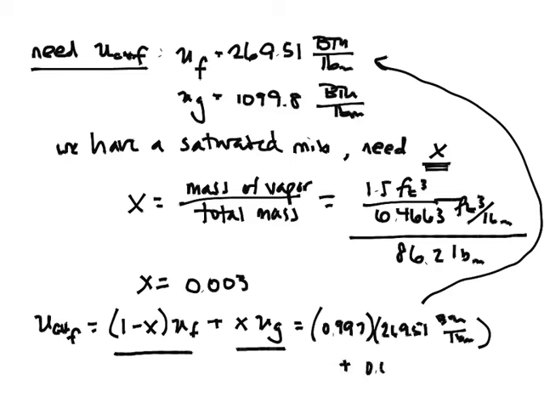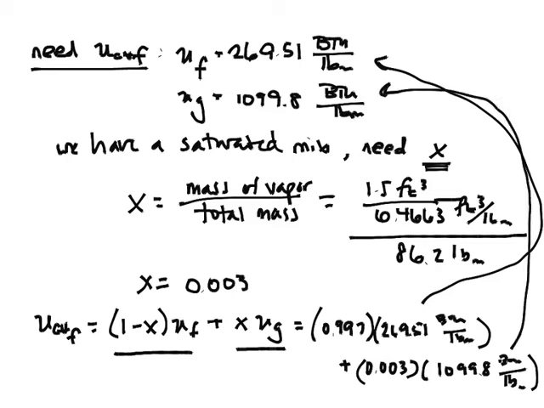Plus 0.003, which is our quality, times 1099.8 BTUs per pound mass. And again, that number came from there. Okay, so when we calculate that, we find the specific internal energy of our control volume at our final state is 272.08 BTUs per pound mass.